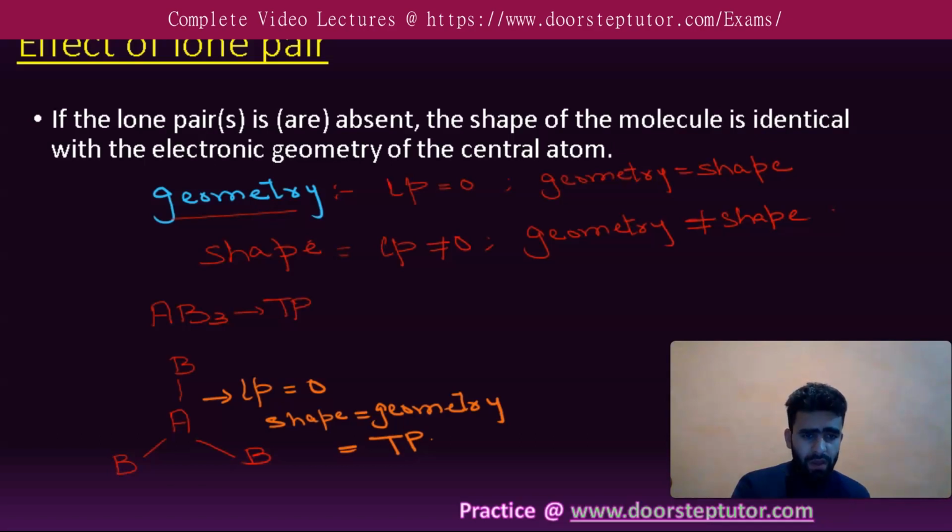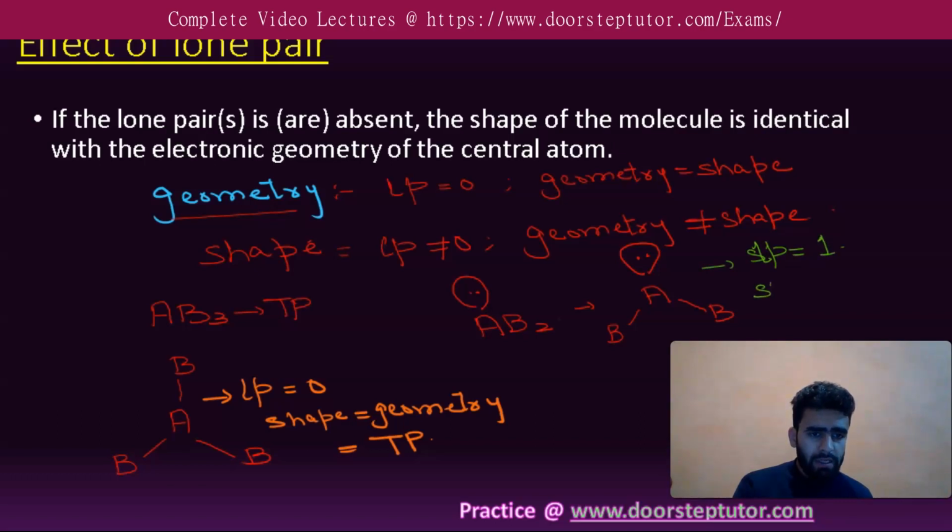Now if we have another molecule of AB2 type, and it has one lone pair, the structure for this molecule will look like this, with one lone pair. So for this molecule, lone pair is equal to 1.